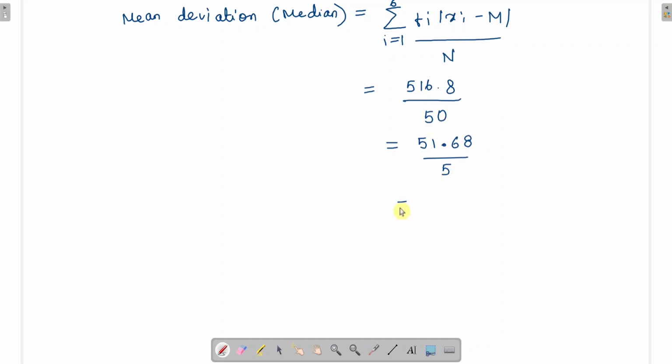Now we can find this. 5 1 the 5, 5 10 the 50, 1 remains, 5 3 the 15, 1 remains, 5 3 the 15, so 30 will remain, so 6. That means 10.34 is the answer.